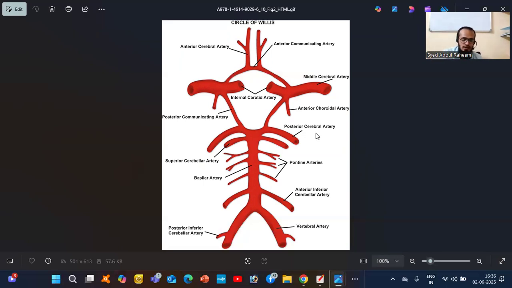Mostly this is treated in the hospital only. Okay. In the acute, subacute, or chronic condition. Okay. So we have the symptoms also. According to that, we will discuss. Okay. So tomorrow we will discuss the details of those things.